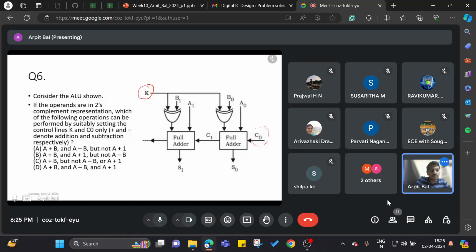Take a moment to read this question and try to answer it. Meanwhile, I'll add a slide here.